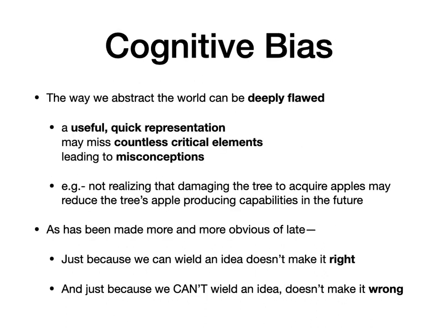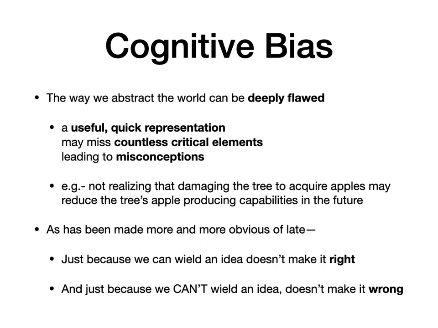For example, there's a world of cognitive bias that you and I are all susceptible to, and this is just the beginning of those edges, right? The ways that we abstract the world into our internal representations can be deeply flawed. Just because we don't recognize it doesn't mean it's not a failure, right?